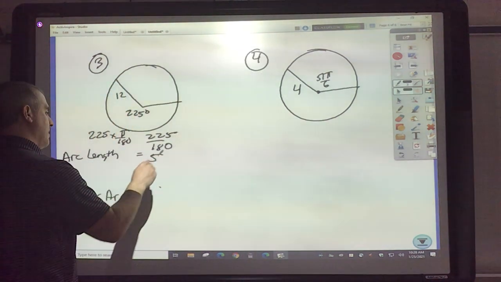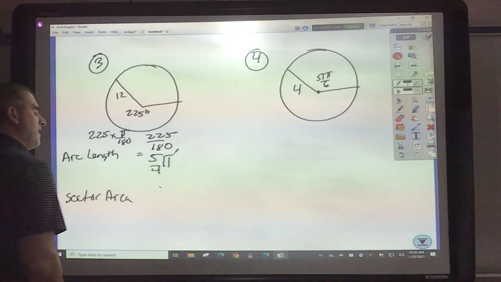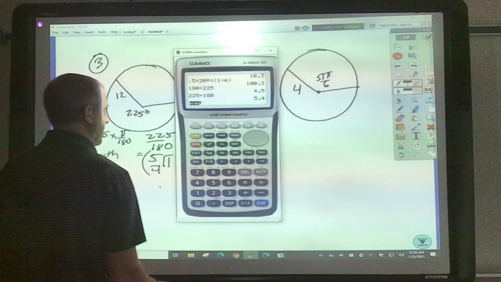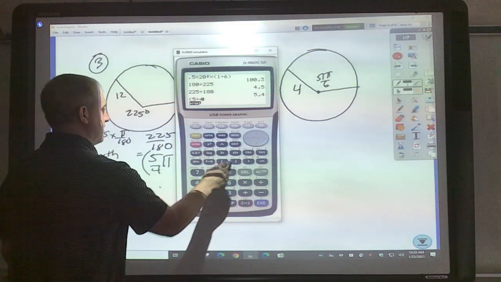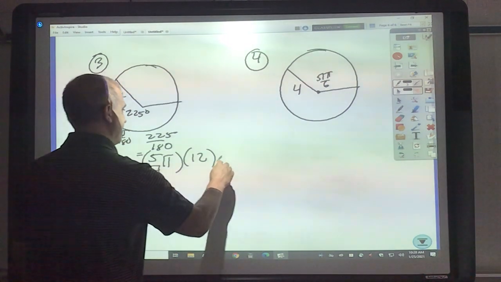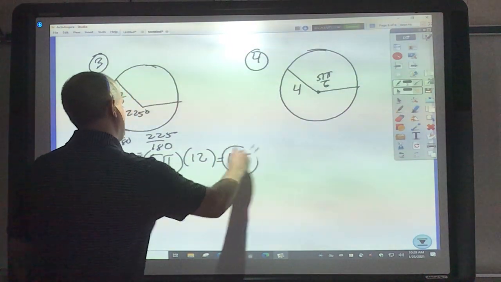That's 5/4 pi. So I have 5/4 pi times my radius of 12. Very simply, 5/4 times 12 is going to be 15 pi. That'd be my answer there.